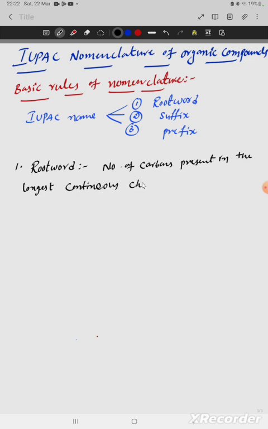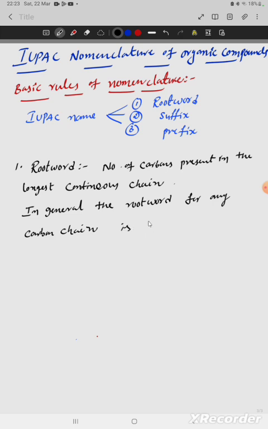In general, the generic root word for any hydrocarbon, that means any carbon chain, is alk.